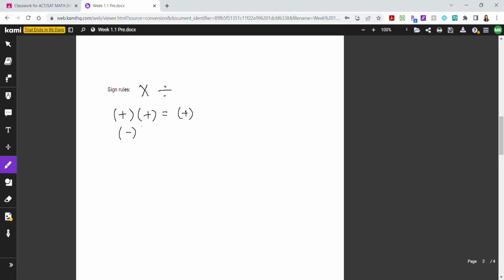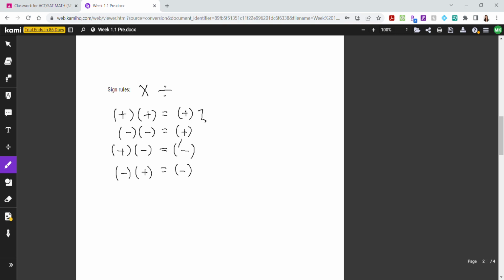If you have negative times negative or negative divide negative, you will get positive. Now if you get positive times negative, or the other way around, if you're dividing positive with negative, this will become negative. So negative times negative will become positive, and then positive times negative will become negative. Negative times positive will become negative.